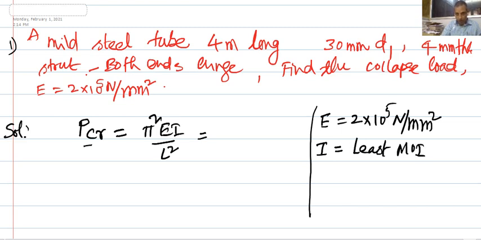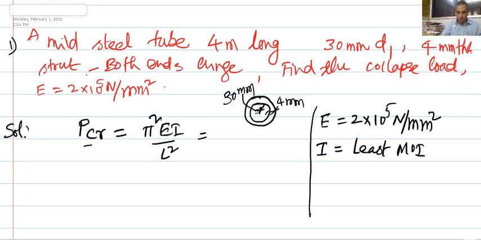Now, because the pipe is something like this tube and it has got some thickness, right? So, this thickness is given as 4 millimeter and the internal dia is given as 30 millimeter.